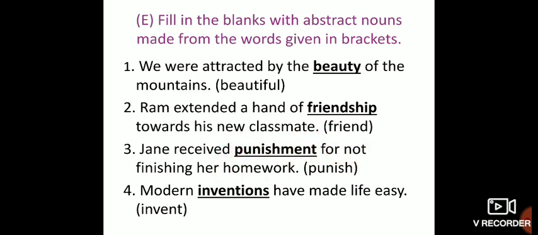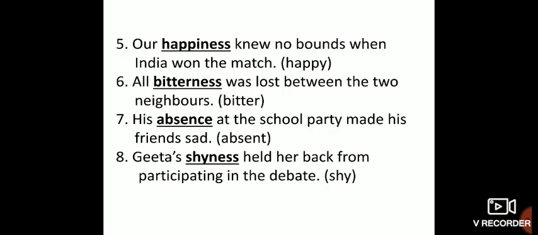In fourth, modern inventions have made life easy. So invent will become inventions. So it's your abstract noun. Now next part is, our happiness knew no bounds when India won the match. So happy will become happiness. All bitterness was lost between the two neighbors.